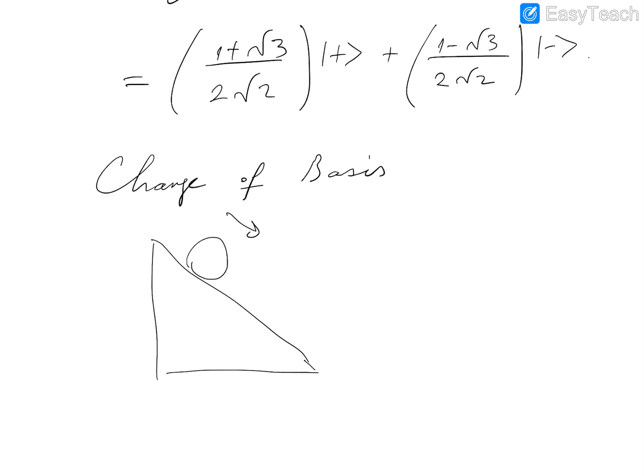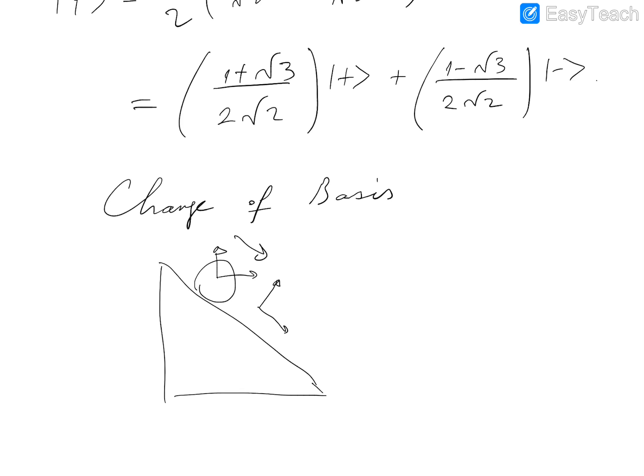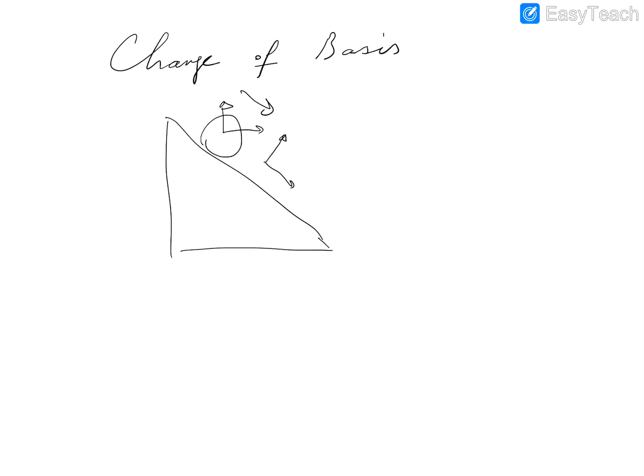Now, instead of picking this basis, it's more natural to pick this basis, in the direction of the inclination of the ramp, right? So change of basis will be used quite frequently in many quantum algorithms. We will talk about this later again when we talk about quantum algorithms.